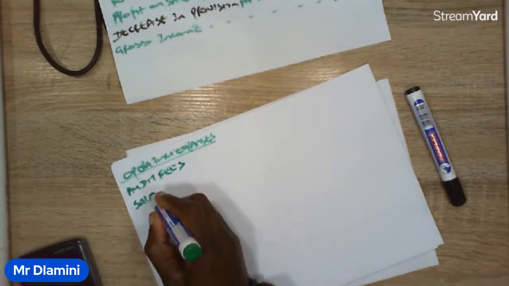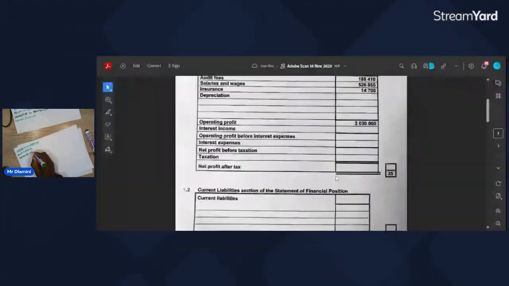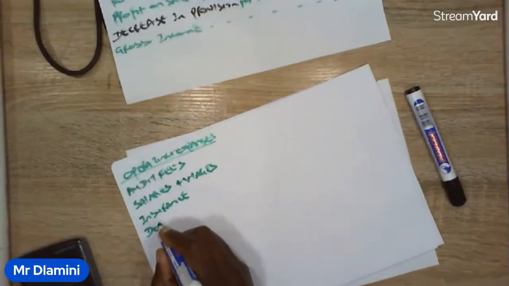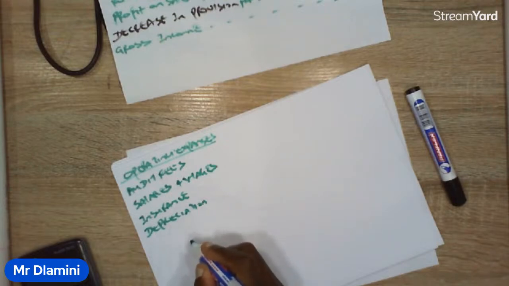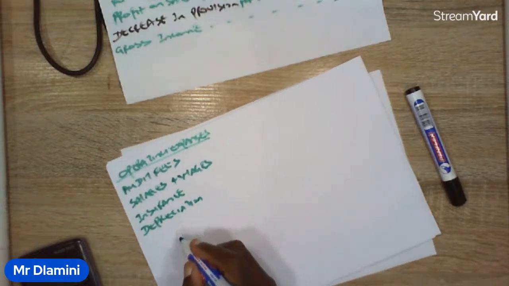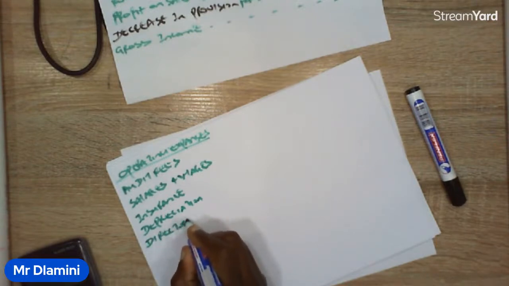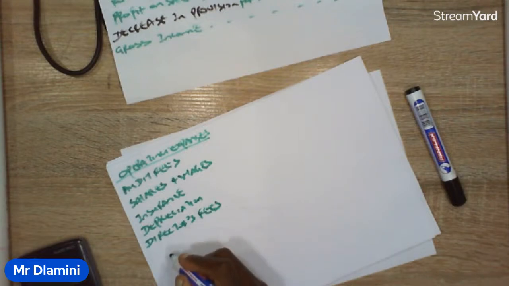Audit fees, salaries and wages. Salaries and wages. Yes, we have insurance. Right, we have depreciation. Then there will be another expenses that are coming from the adjustment other than this one, like directors' fees, right?